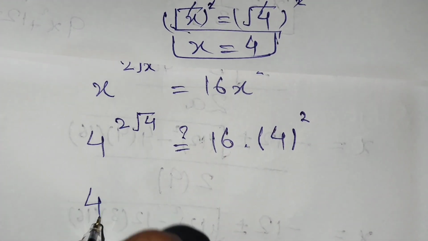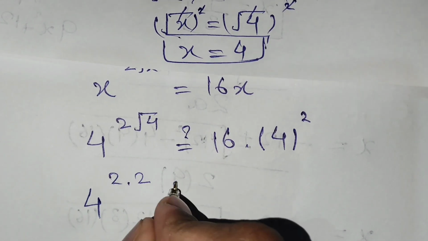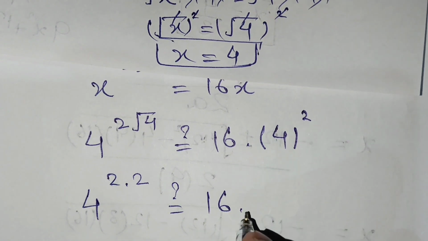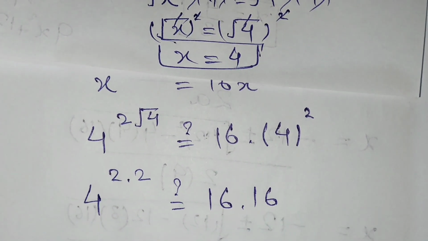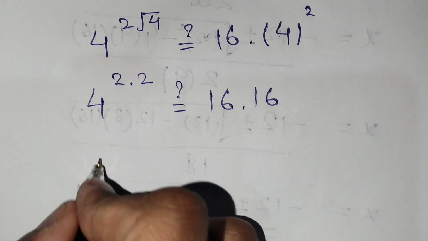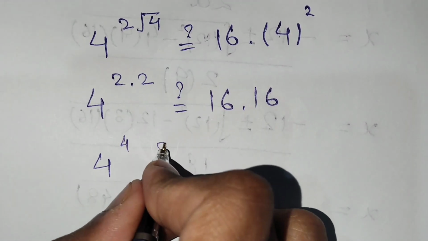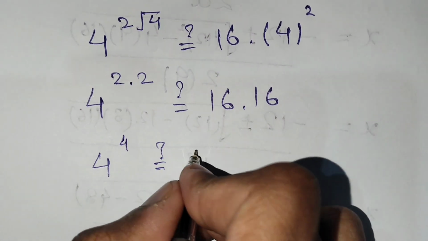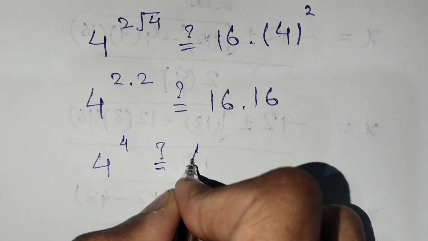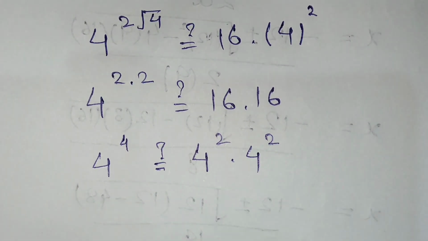This is 4 power 2 into square root of 4, which is 2, and 16 times 4 square. This is 4 power 2 into 2, which is 4. 16 can be written as 4 square, times 4 square.